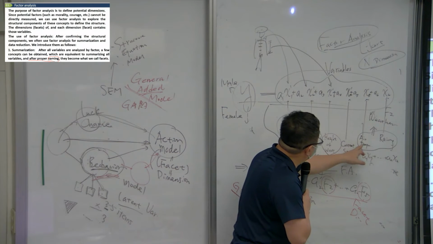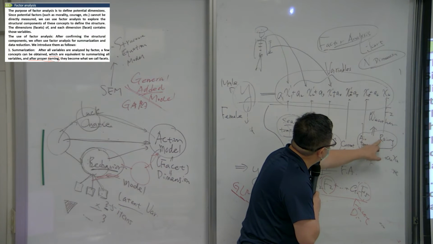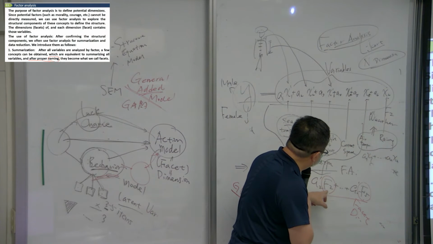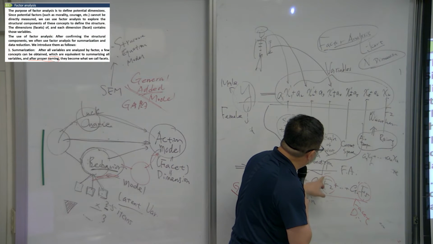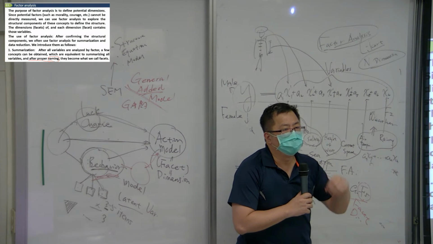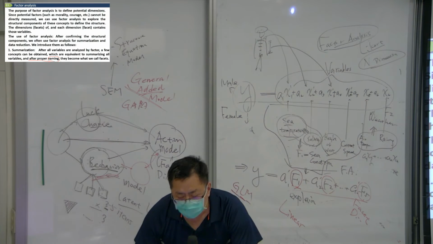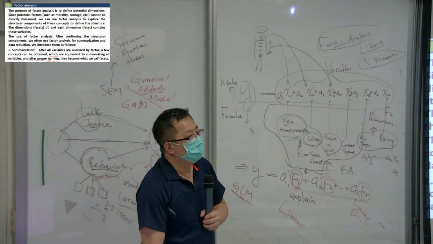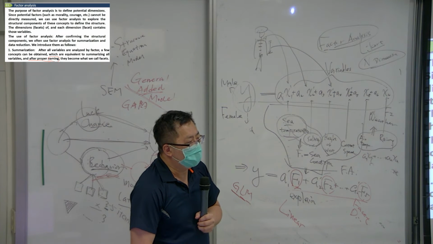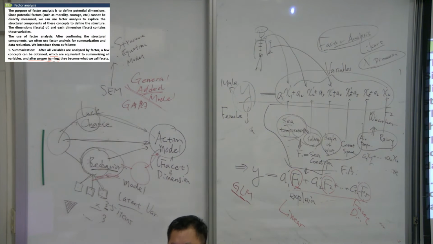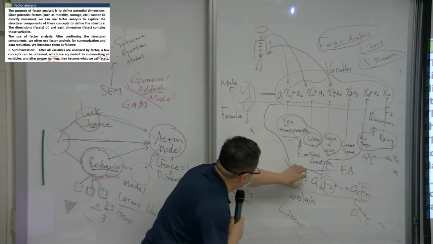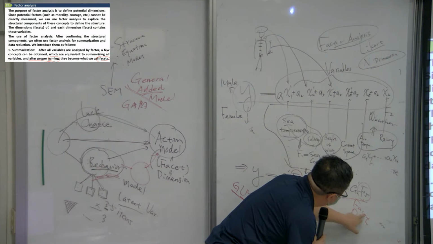Oh, the air temperature and humidity, they composed F2. So I give F2 a new name as weather. Okay. After proper naming, they become what we call factors. Okay?